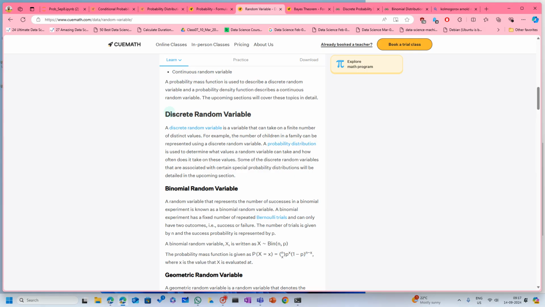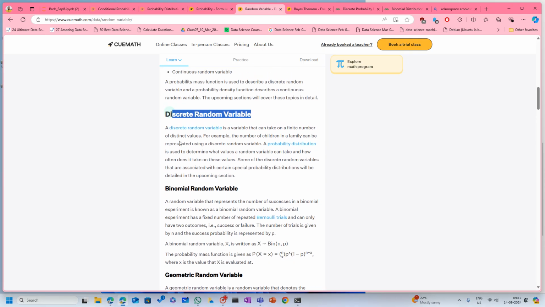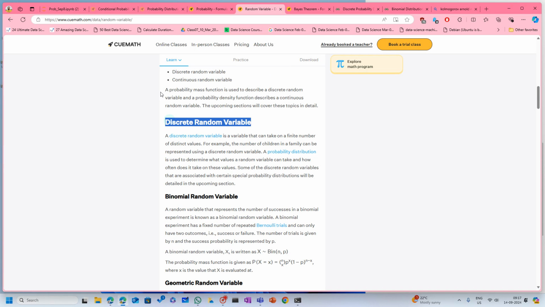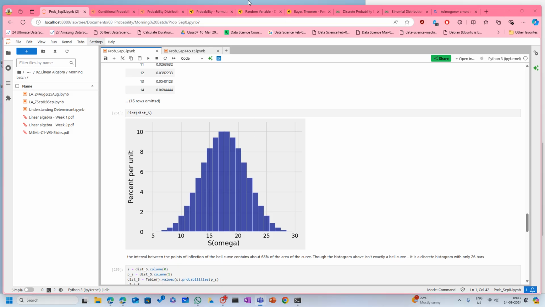Okay. And the discrete random variables exhibit four particular distributions. If you start arranging the probabilities generated by these discrete random variables in the form of a plot like what we have done here, it could exhibit four different characters.